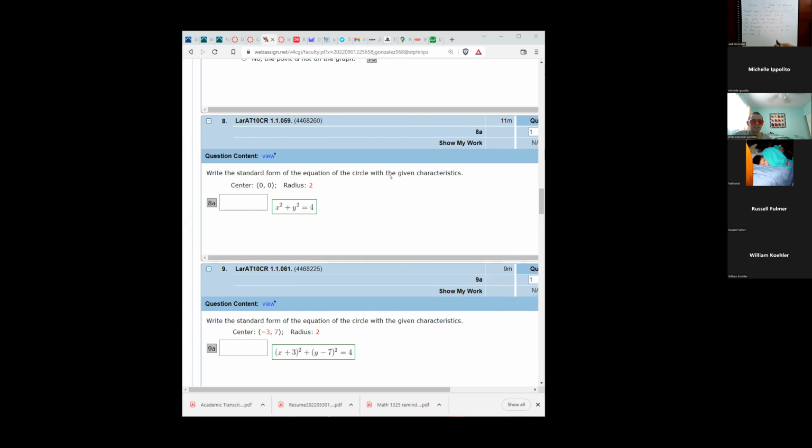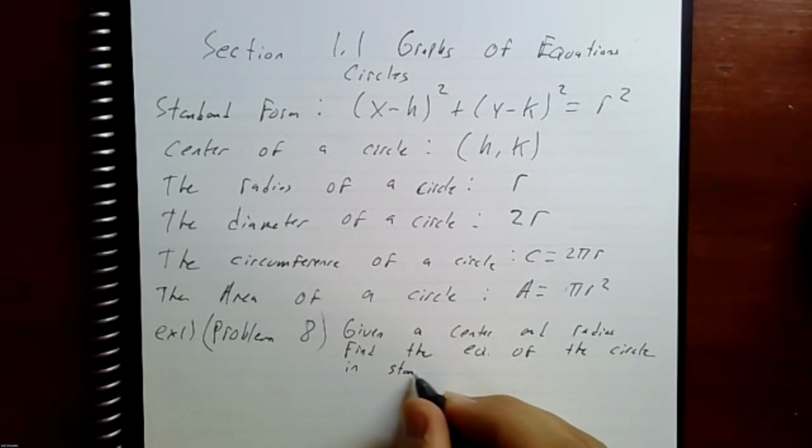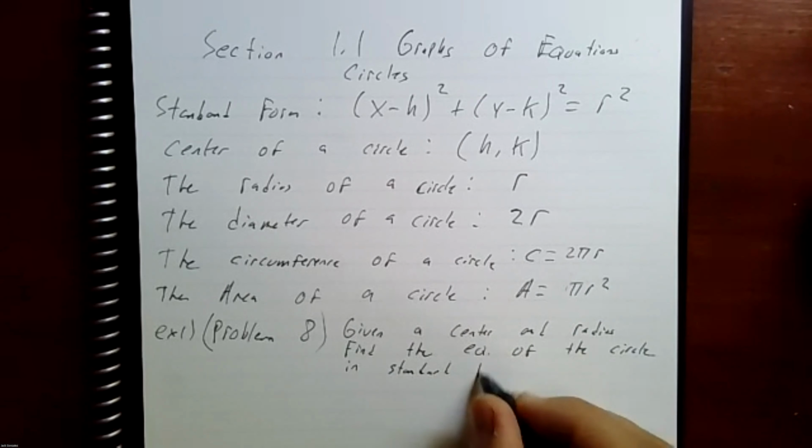Given a center and radius, find the equation of the circle in standard form. That's basically what they are asking.